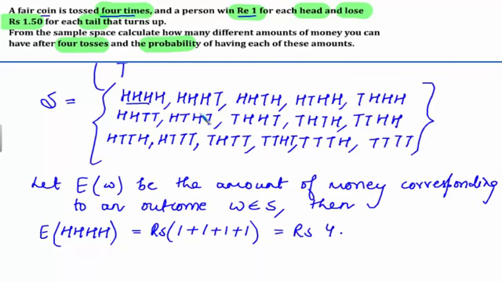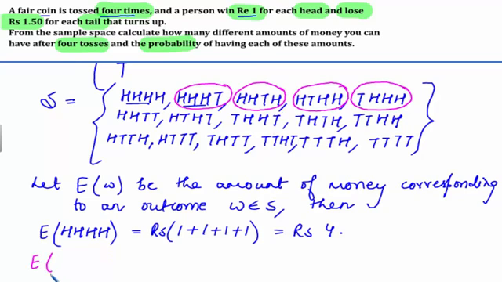Now let us find the amount of money corresponding to the next outcome, which is HHHT. Now notice that in HHHT there are 3 heads and 1 tail. Similarly, in HHTH, we have 3 heads and 1 tail. In HTHH, we have 3 heads and 1 tail. And in THHH, we have 3 heads and 1 tail. Therefore, the amount of money corresponding to these 4 outcomes will be the same.